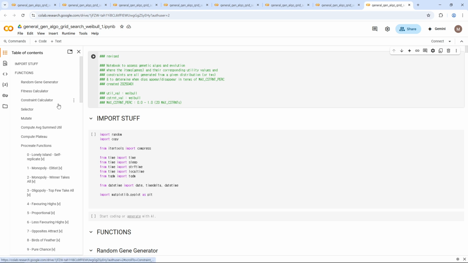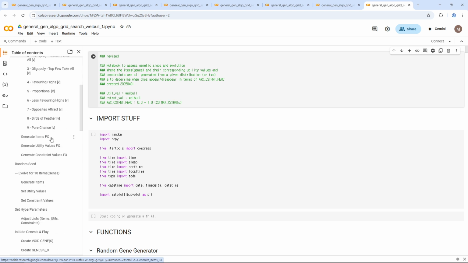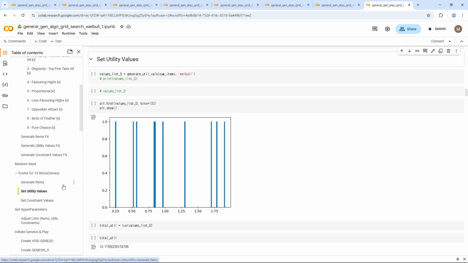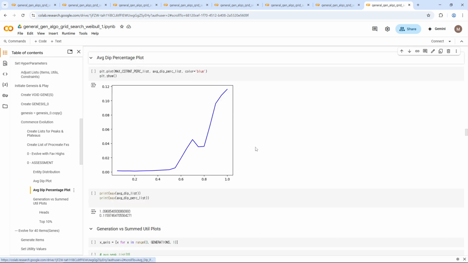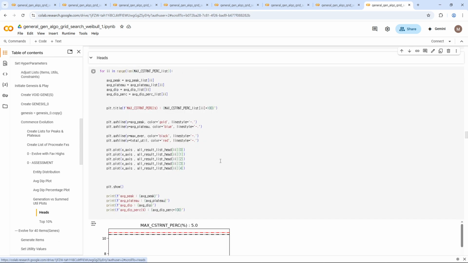And I still have to google how you read that. Utility values, constraint values, average dip percentage plot, yeah, usual, heads.